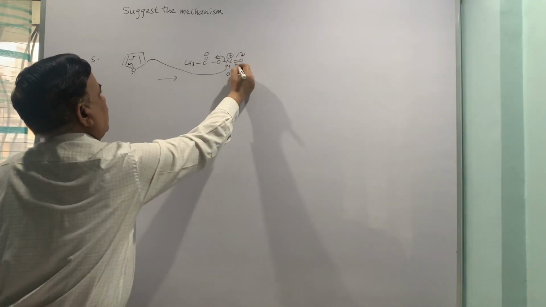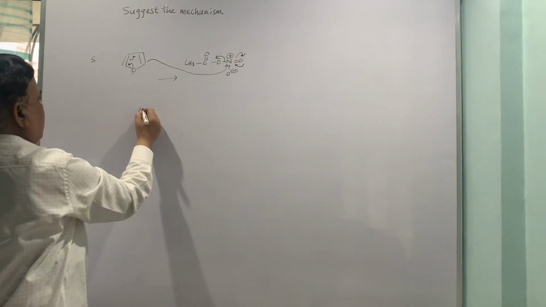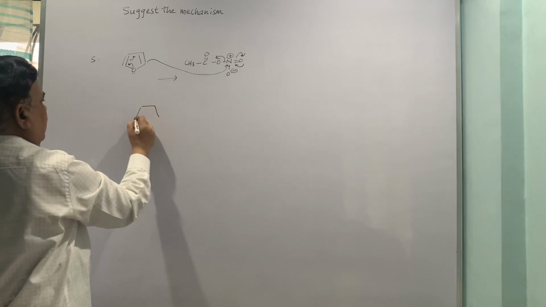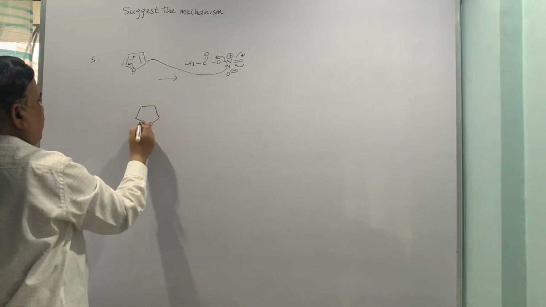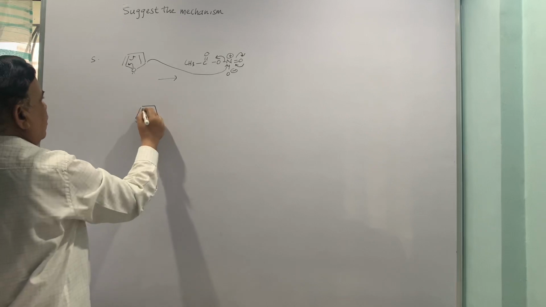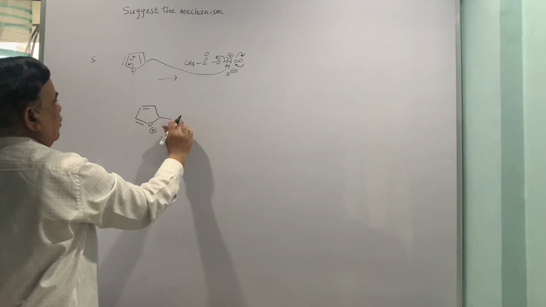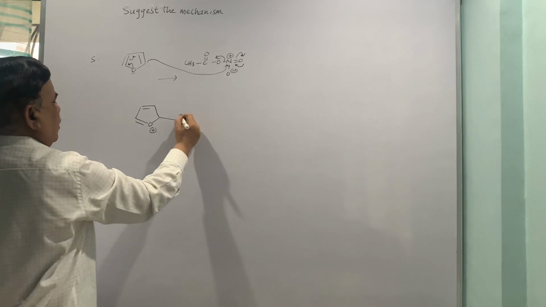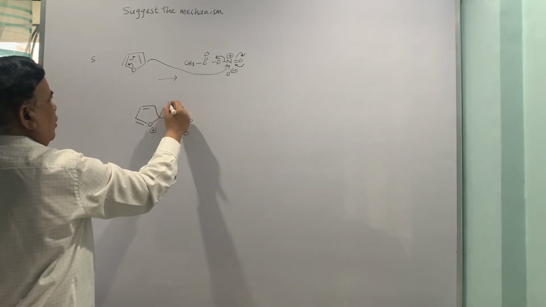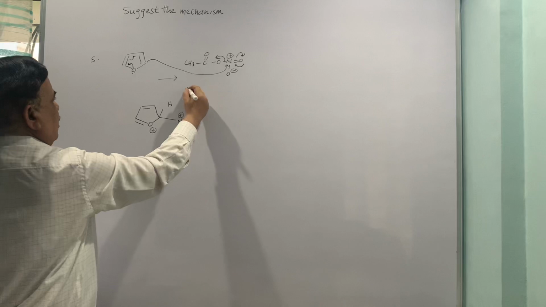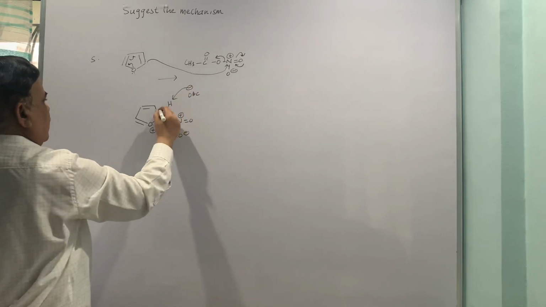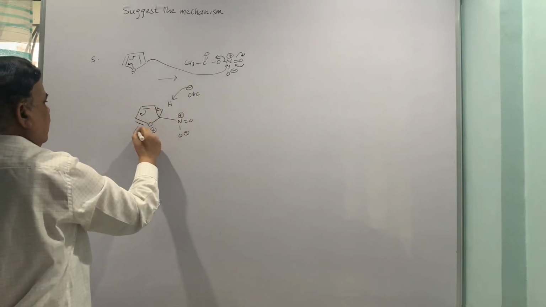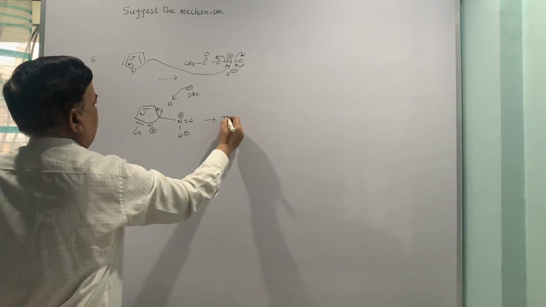Again there is an electron sink, and you get the formation of a transition state wherein oxygen is positive, and you get the incorporation of the nitro group here. Now this proton, which is acidic, is abstracted, and you get the target molecule.